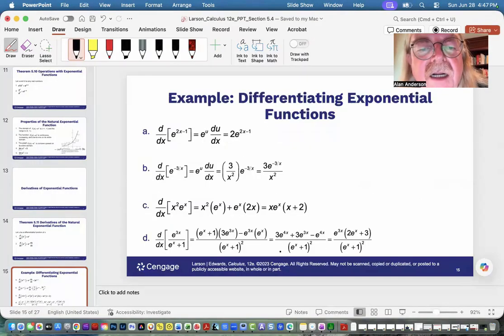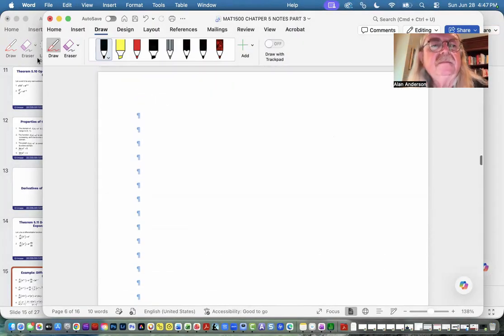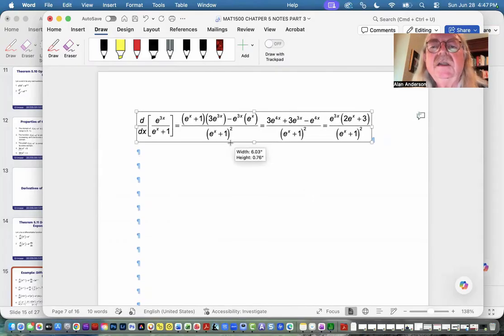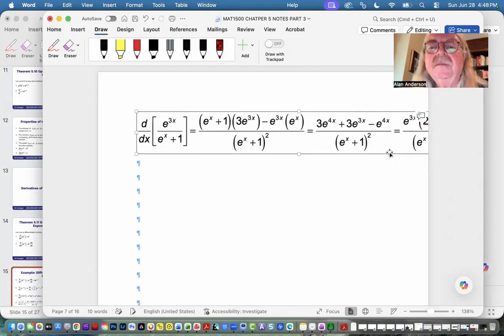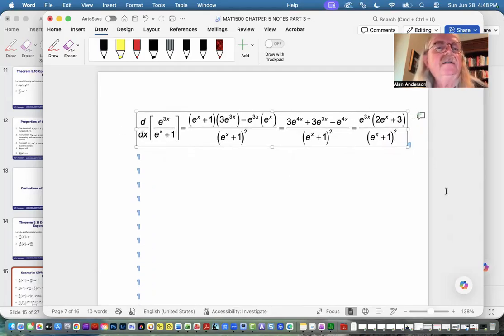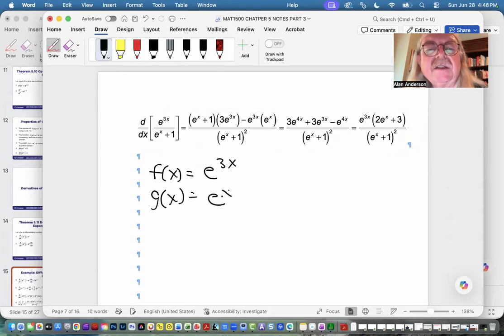So we have this function. All right. So f of x is the numerator. That's it. All right. And of course, that means that g of x is the denominator, e to the x plus 1.